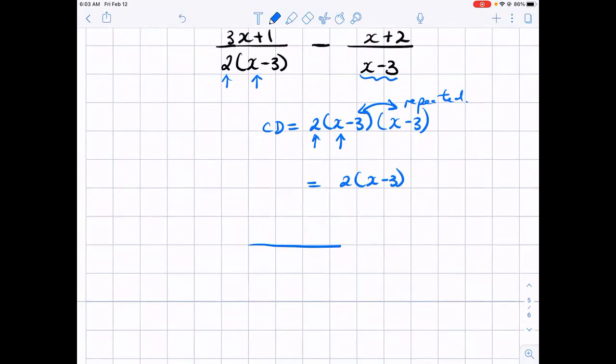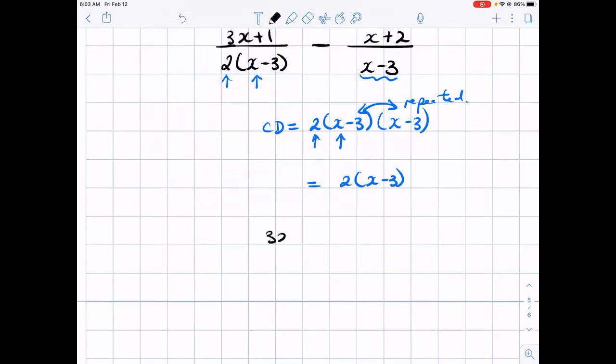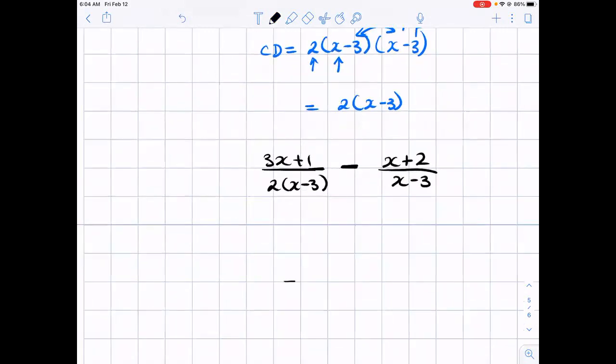So if I'm adding these two things, okay, 3x plus 1 over 2 times x minus 3, subtract them, I said add. If I'm subtracting these two fractions, then in the denominator now, I have 2 parentheses x minus 3.